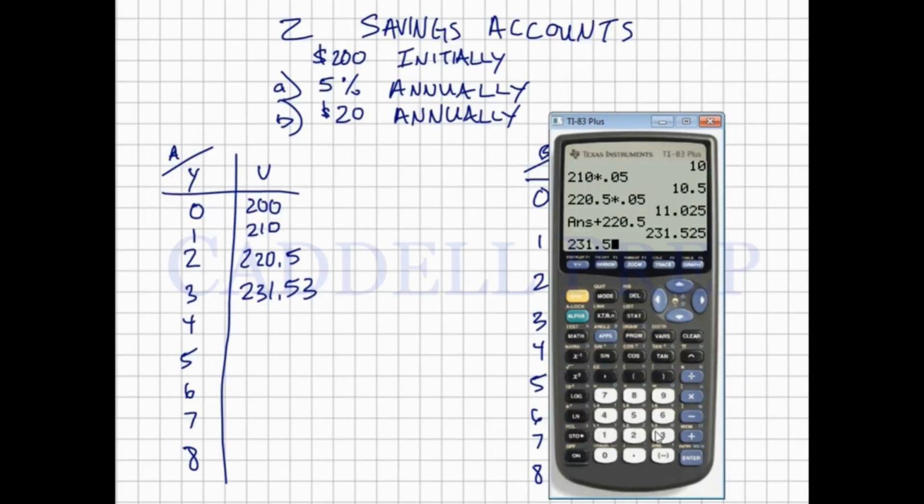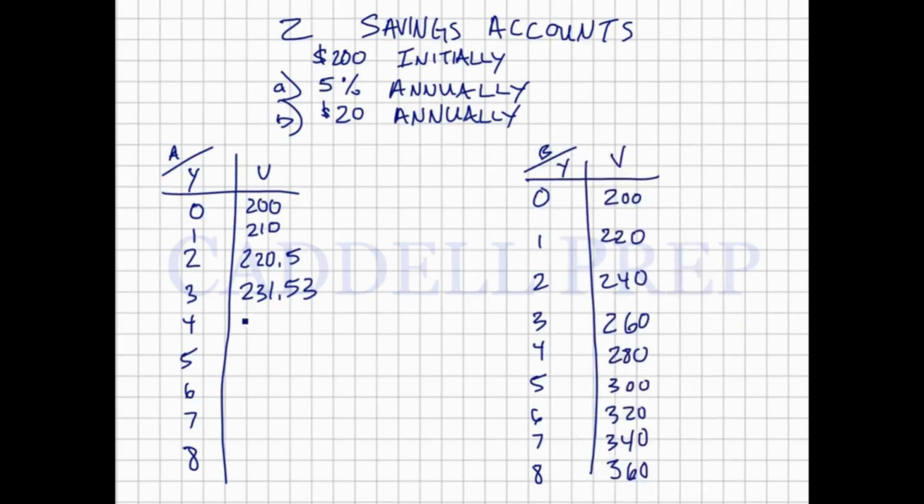So 231.53 times 5%, $11.57, or $11.58, we'll say. So this gets added to the 231.53. So now we're at 243.11. So still, this looks like it's further ahead.